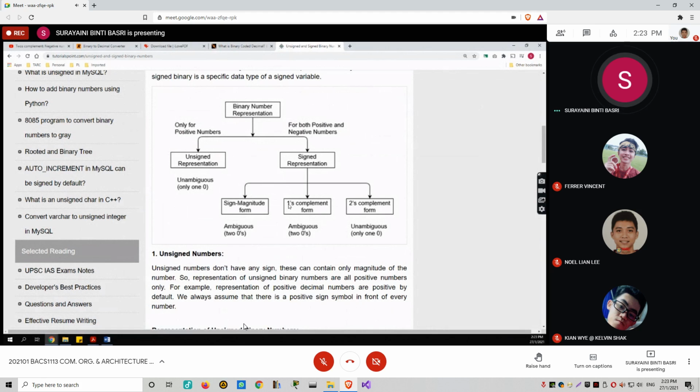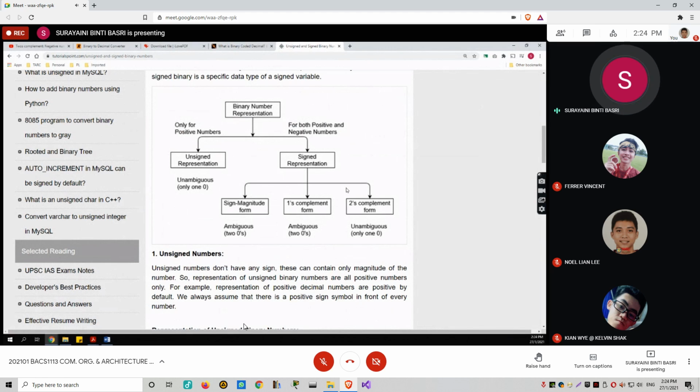The second method the computer uses to convert the signed type of integer is the one's complement form. This method also produces an ambiguous result, because it also produces two versions of 0, negative and positive 0.